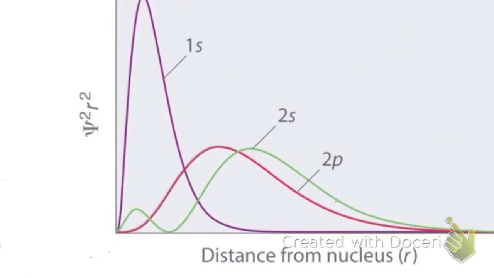Here you see, in polar form we can write the wave function of a one-electron atom, psi of r, theta, phi.